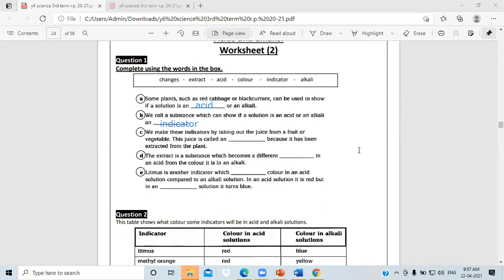Yes, Hala. Extract. Extract, thank you. We call it an extract.